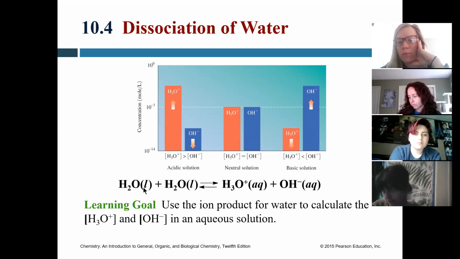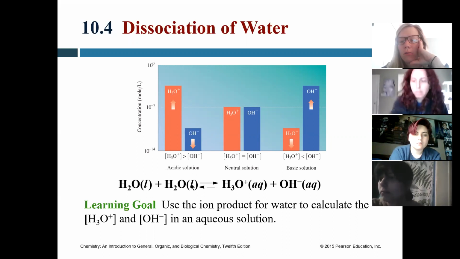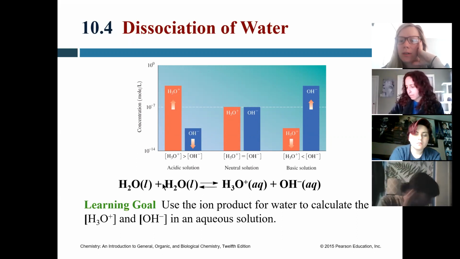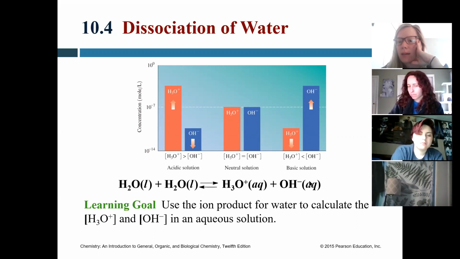So if you have just pure water, a water molecule will actually react with itself because remember, water is amphoteric, so it can be an acid or a base. So one of the waters will take a hydrogen from the other water, and what you'll be left with is a small concentration of H3O plus and a small concentration of OH minus. So you've got some acid stuff and some base stuff.